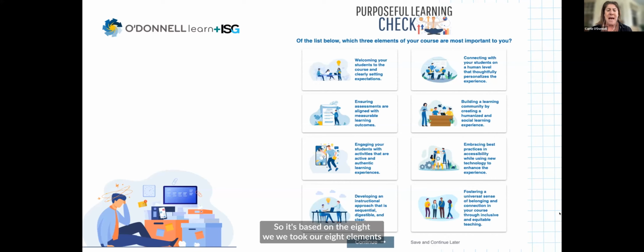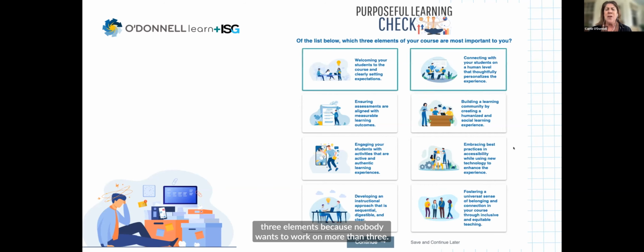So it's based on the 8. We took our 8 elements and put them into language that's very accessible to faculty. So welcoming your students to the course and clearly setting expectations, for example, that's the first one of the 8 elements. What we do is ask faculty to look at three elements, because nobody wants to work on more than 3.